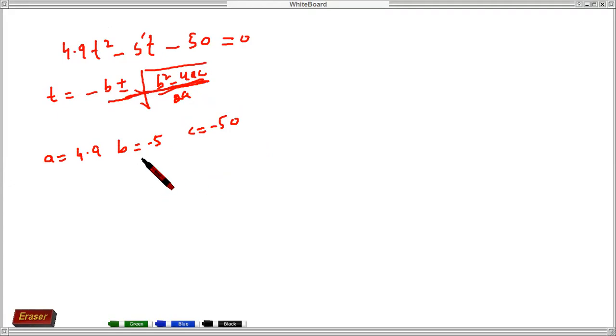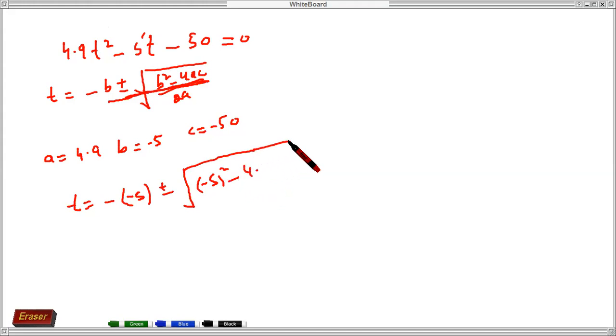So t is equal to minus b, so minus minus 5 plus minus. We have b square, so minus 5 square, minus 4ac: 4 multiplied with a, where a is 4.9, and multiplied with c, where c is minus 50. The whole divided by 2 multiplied with a, which is 2 times 4.9.